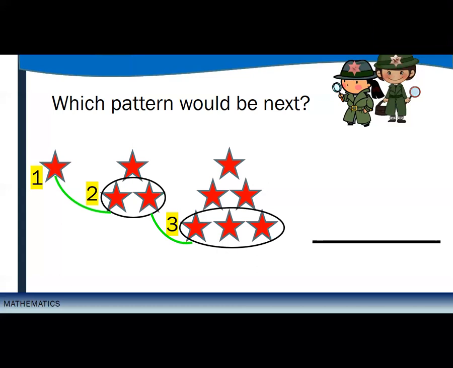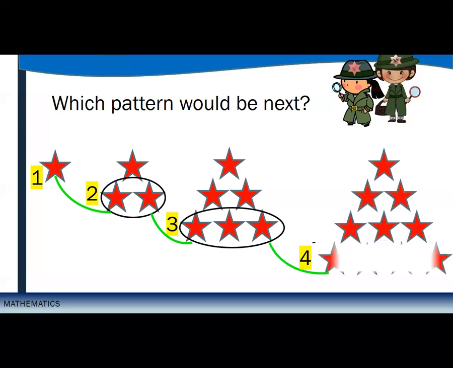But to get the fourth pattern, we must first draw the third pattern, then add 1 row with 4 stars. Amazing, boys and girls. Let's look at that being done on the screen. So there we have it. We're going to draw the third pattern, add another row with 4 stars.